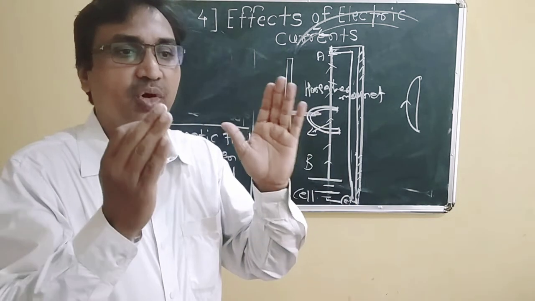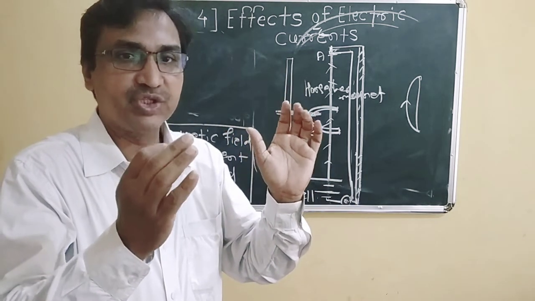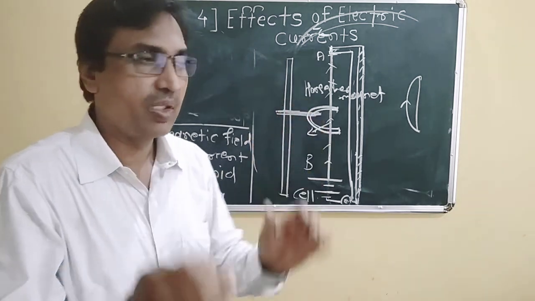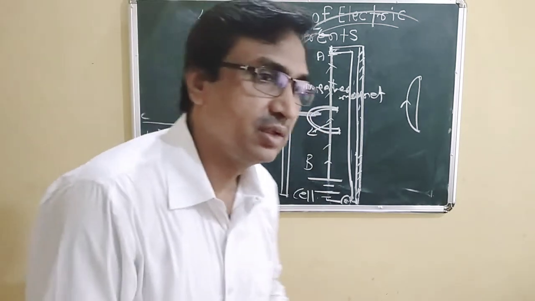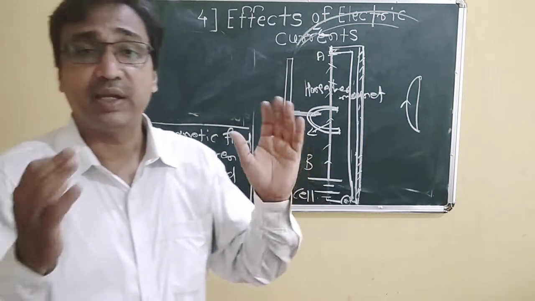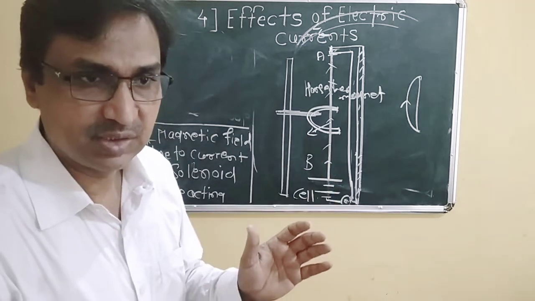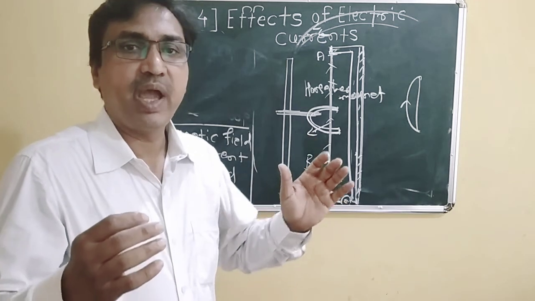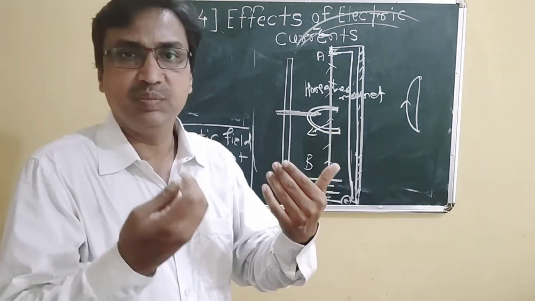So these two poles, that means N or S terminal, are there, and we know that there is attraction between opposite poles and repulsion between similar poles.